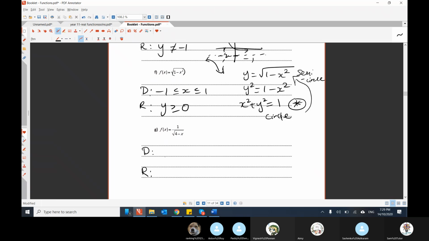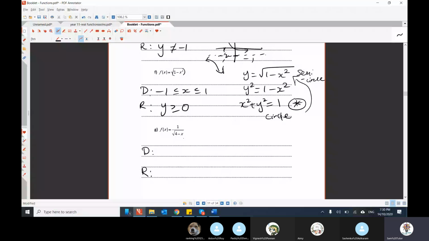Domain for G, what's your domain for G? Amy, can I get x equals 5 for my domain? Can I have x as 5?